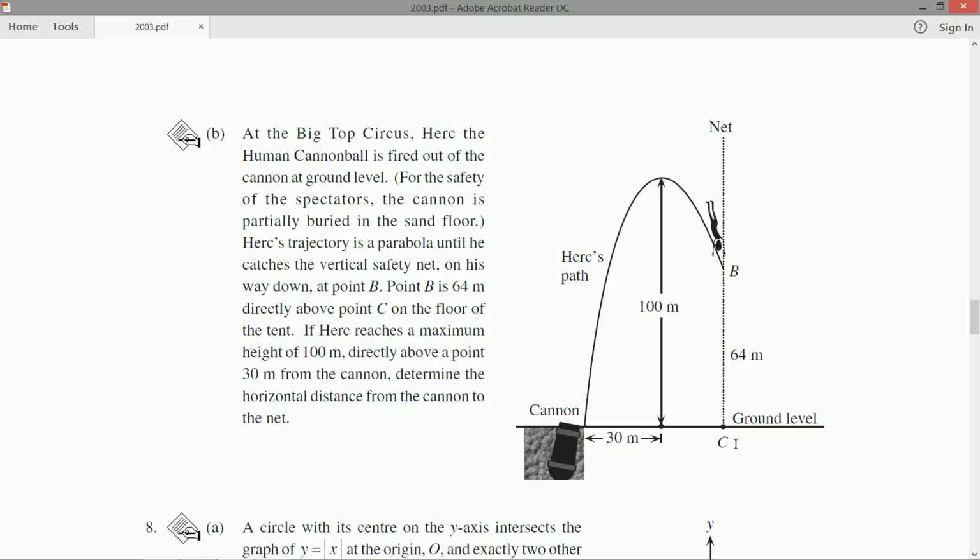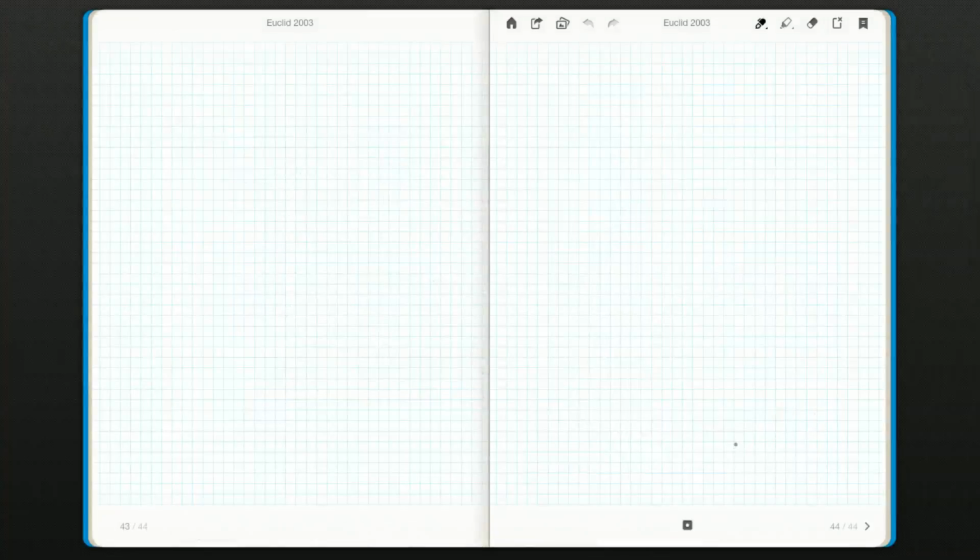I'm just trying to think of the best way to set it up coordinate-wise. Should the cannon be 0, 0? Should the point directly below the apex be 0, 0? I think I'm going to go with the point directly below the apex. So the cannon will be at minus 30, 0. Okay. It's a written question, so let's just talk about this.